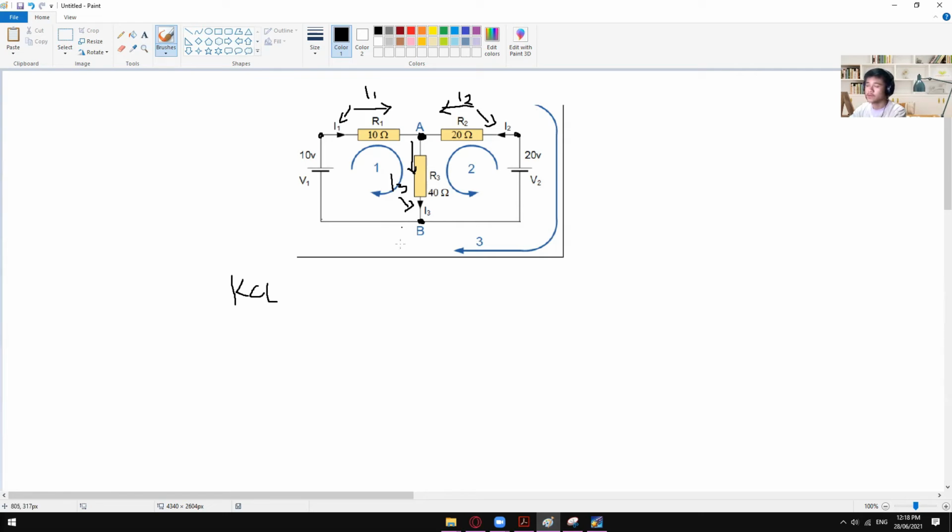Going back to our KCL, when we see entering, it is positive. So I1 is positive, the same with I2. But if it's leaving, like I3, then that should be negative. And then after that, equate that to 0. Did you guys get this one so far? I1 plus I2 minus I3.